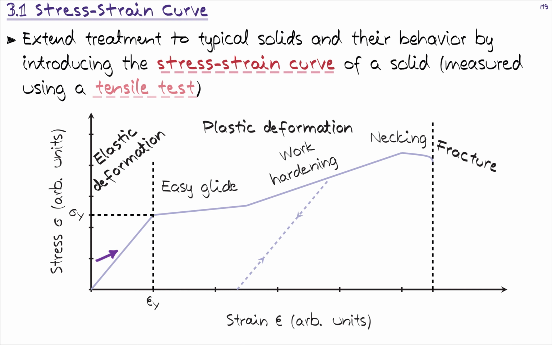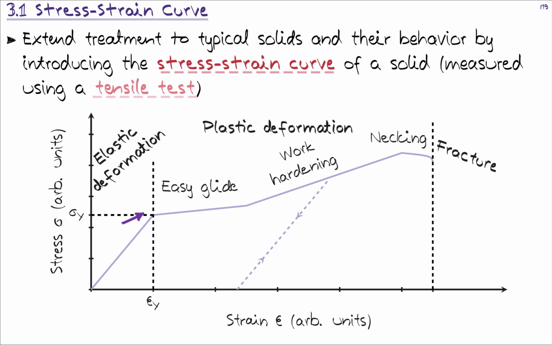But okay, now we have different regions. So we have a region that we call the elastic deformation region. With this vertical dashed line, I'm highlighting that in the beginning of the curve, we may have a region where the deformation of the solid is elastic.